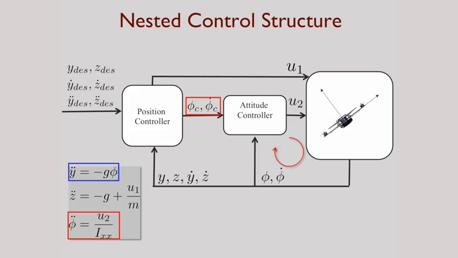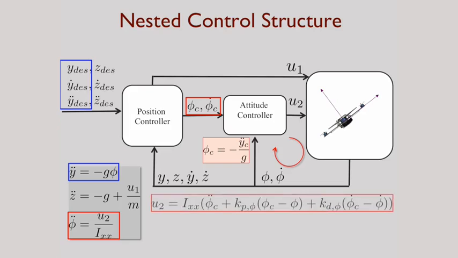Focus on the equation on the top left. We want to follow a specified trajectory. Let's focus on y desired, the y component of that trajectory. If I set the roll angle phi to be given by y double dot divided by g with a negative sign, that essentially ensures that my roll angle will track the desired acceleration in the y direction.